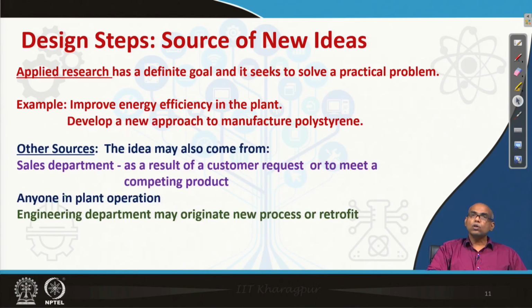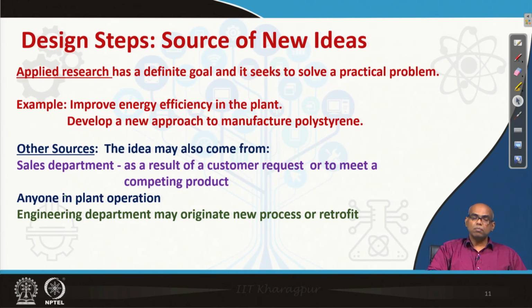Research is not the only source of new ideas. There are other sources as well. The idea may also come from the sales department as a result of a customer request or to meet a competing product.